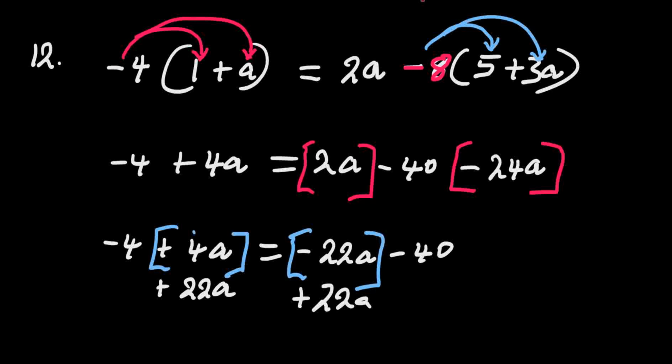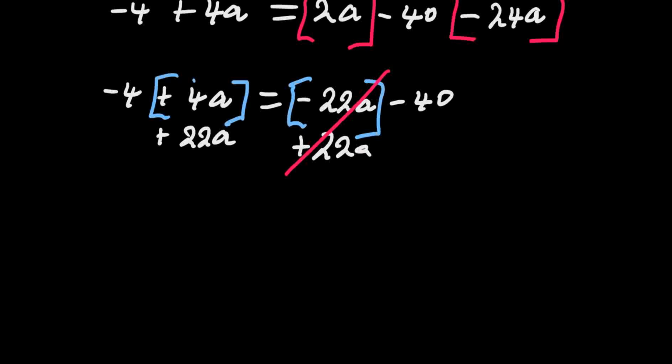So negative 22a plus 22a we cancel, and we now have negative 4. So plus 4a plus 22a will give us plus 26a equals negative 40.